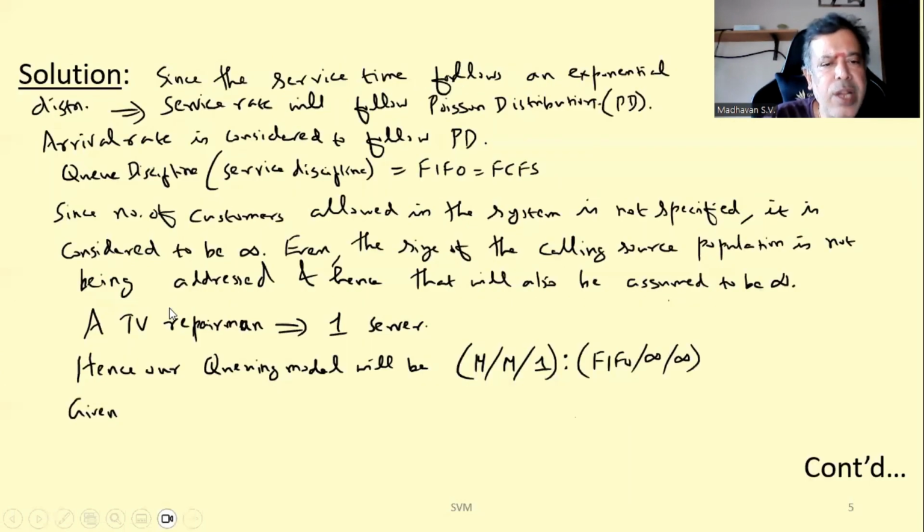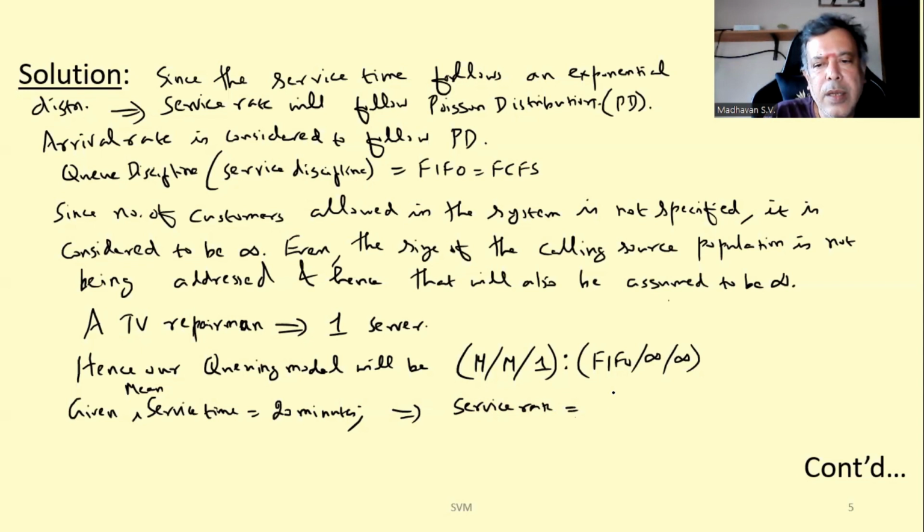Service time is given as 20 minutes, or I will say mean service time. Mean service time is 20 minutes, which means service rate will be 1 divided by 20 TV sets per minute.